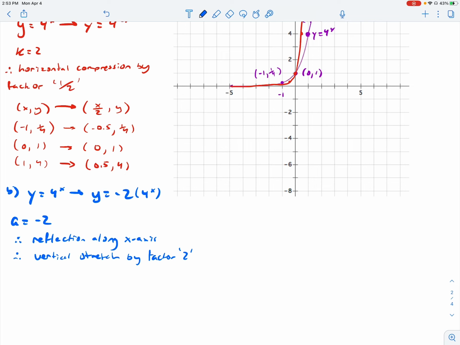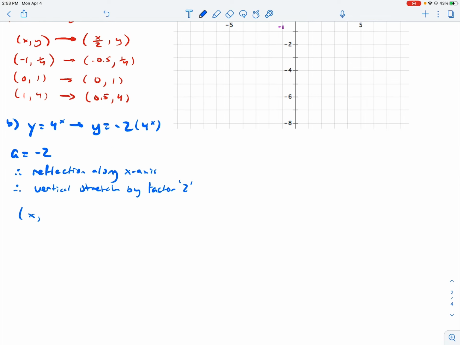You don't need to write the negative in. So what does this mean about our points? Well, if it's a reflection and a vertical stretch, that means x stays the same. Everything's just y that's going to change. So when we reflect along the x-axis, y becomes negative.